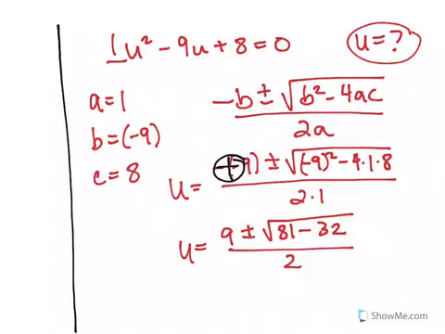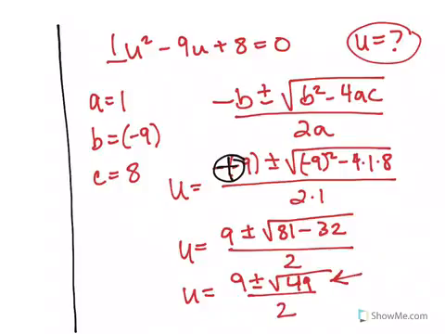And then we get from there u equals 9 plus or minus the square root of 81 minus 32, which is 49, divided by 2. We're going to take the square root of 49, which comes out beautifully as 7. So then we end up with u equals 9 plus or minus 7 divided by 2.